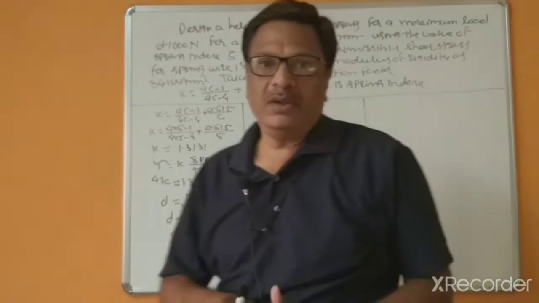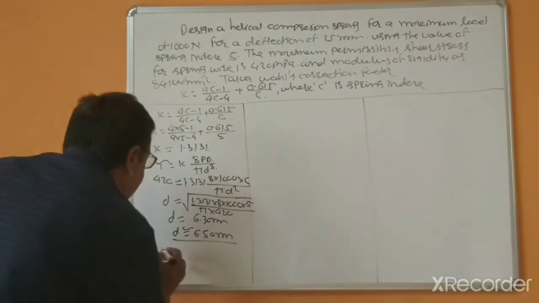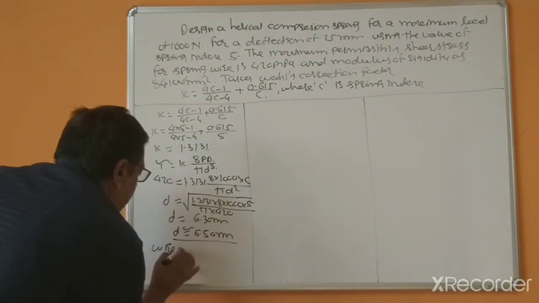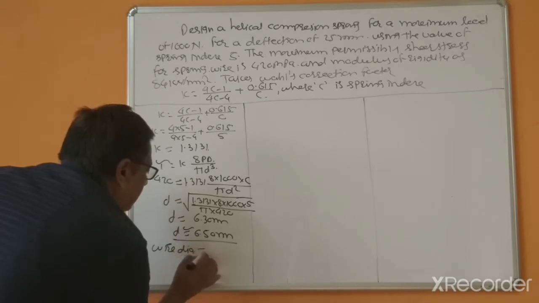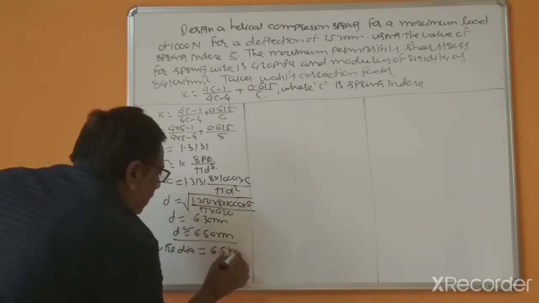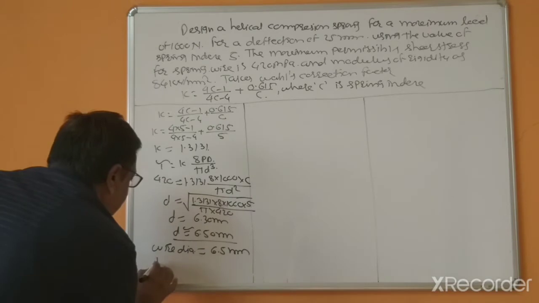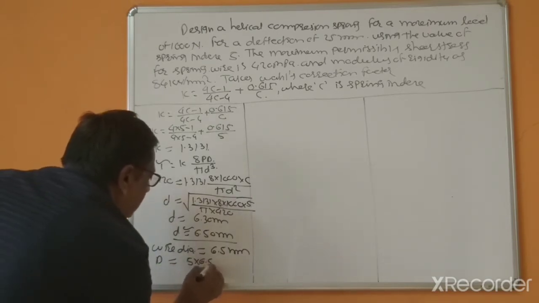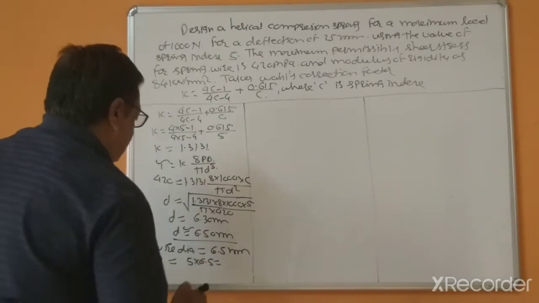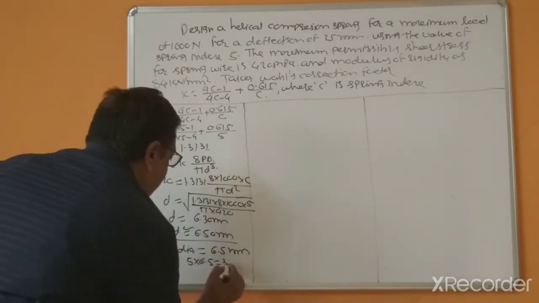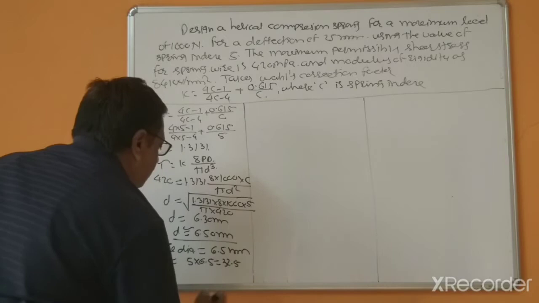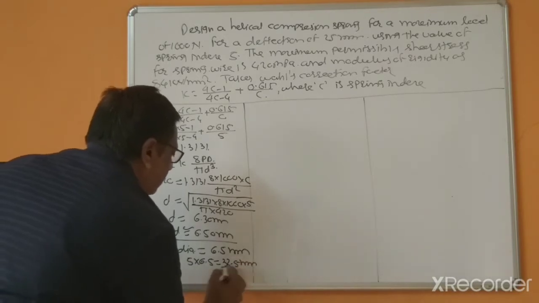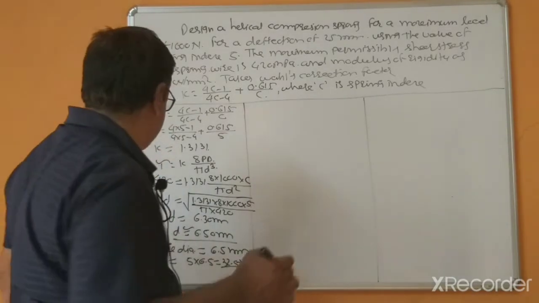So that's why the wire diameter equal to 6.5 mm and mean diameter capital D equal to 5 into 6.5. So this is 32.5 mm, right? So what is next?